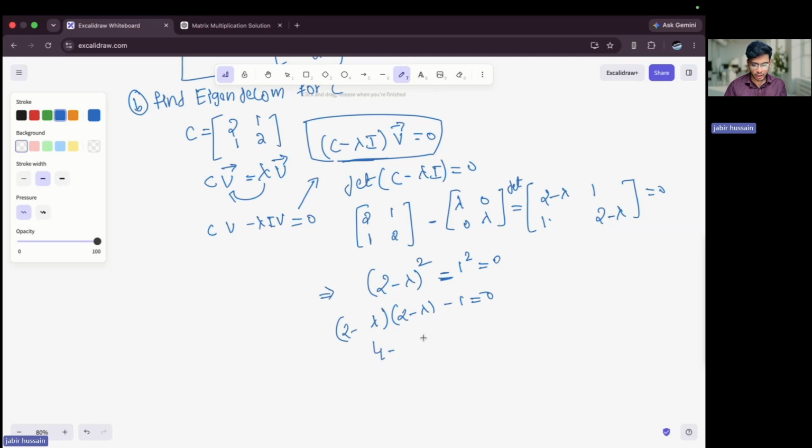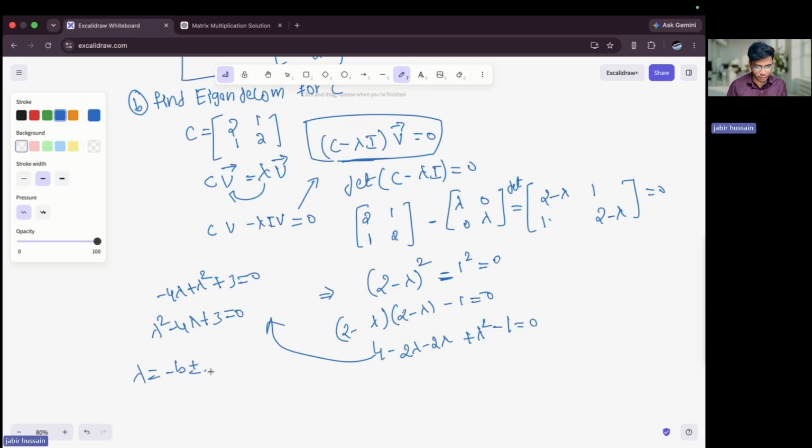So 4 minus 2 lambda minus 2 lambda plus lambda square minus 1 is equal to 0, and from this you can get lambda square minus 4 lambda plus 3 is equal to 0. So is it plus or minus? Quickly tell me.